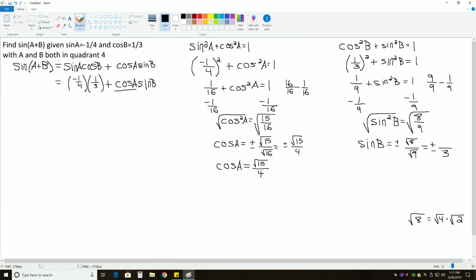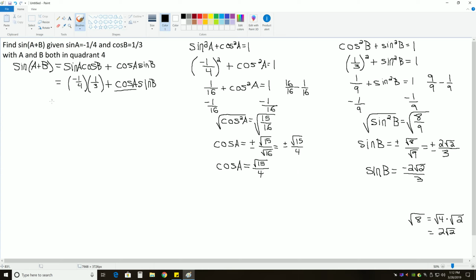And we can take the square root of 4 and evaluate it to get 2, which leaves us with 2 times the square root of 2 is the same thing as the square root of 8. So we get 2 root 2 in our numerator. And finally, because we said angle B is in quadrant 4, that means sine of that angle will be negative. So sine of b is equal to negative 2 times the root 2 over 3.